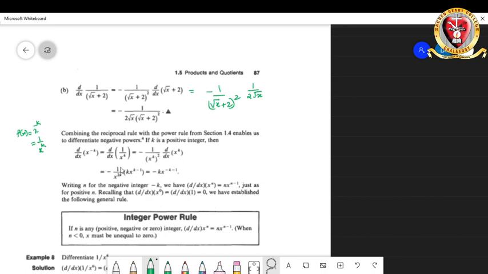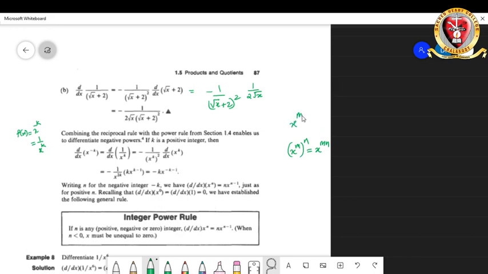So you get minus 1 by x raised to k the whole square, you have x raised to 2k, because x raised to m the whole raised to n will be x raised to mn. So using that you have minus 1 by x raised to 2k into k x raised to k minus 1. Finally, when you rearrange, you get minus k into x raised to minus k minus 1.